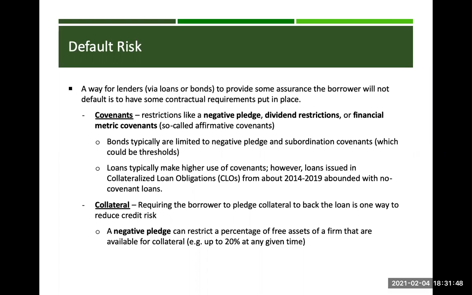They still can have embedded in them some form of covenants, but they're usually not as stringent. The most common one is called a negative pledge, where they essentially say that you cannot pledge above a certain percent of your assets for other credit extensions.